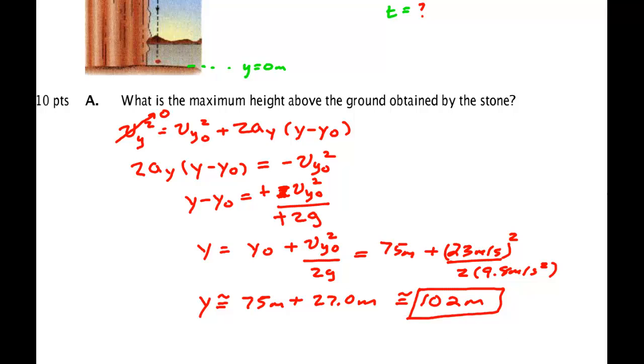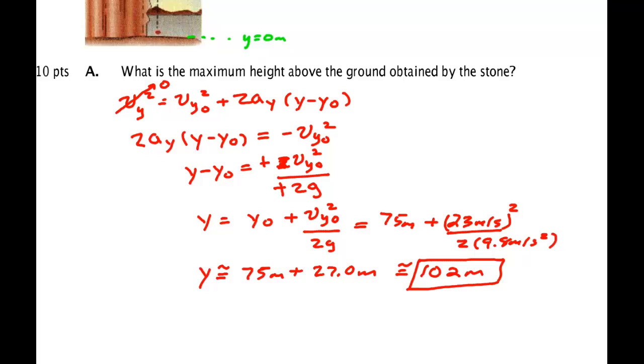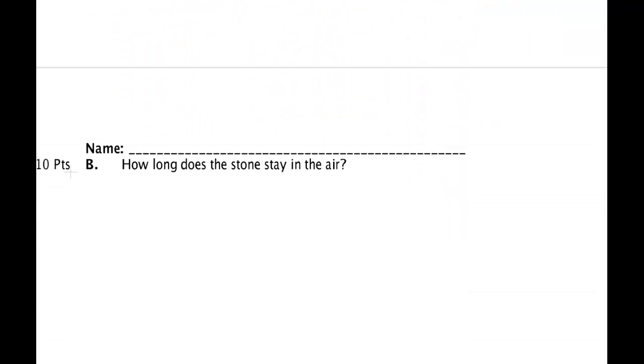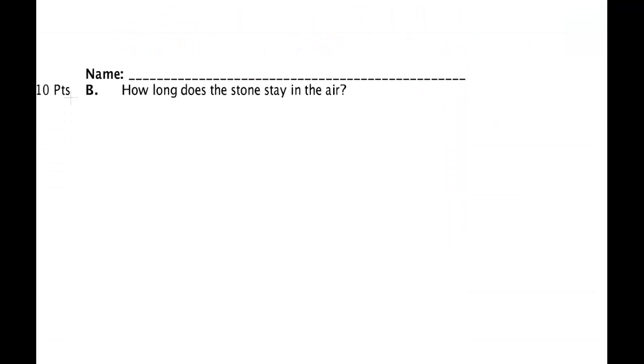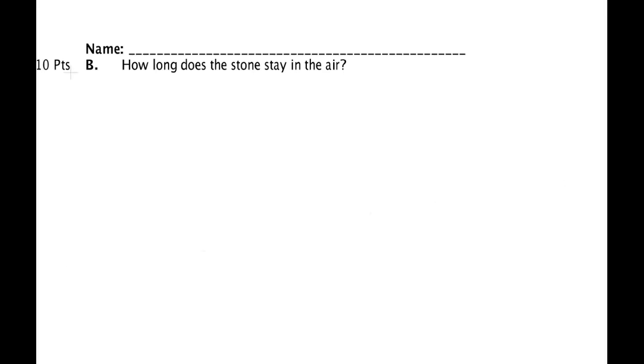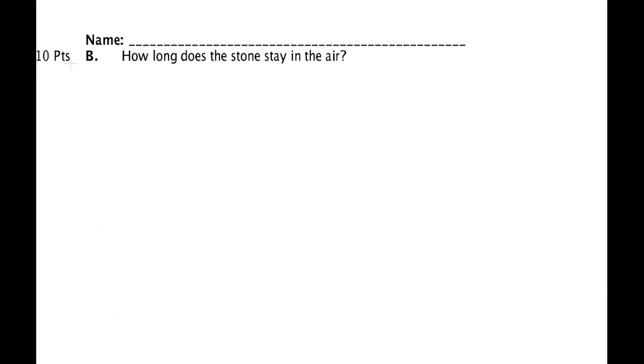Next part. In part B, it asks how long does the stone stay in the air. So this is not a symmetric problem. You cannot take the time to go to the maximum and multiply by 2.